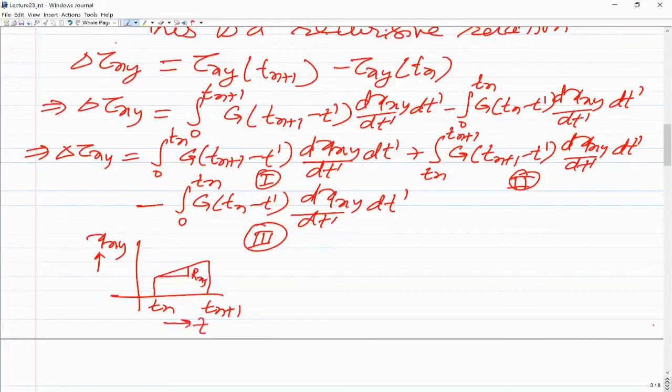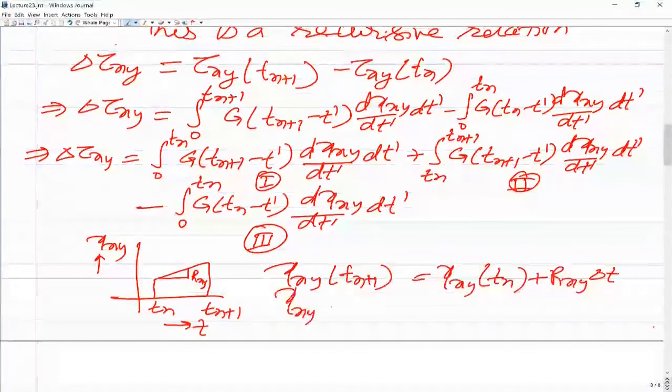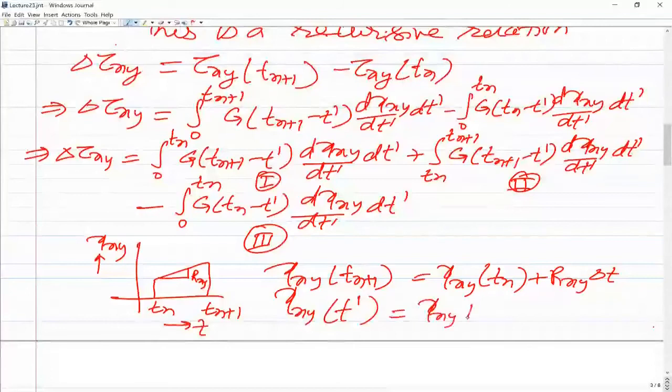So based on this, gamma xy at Tn plus 1 is going to be gamma xy at Tn plus rxy into delta t, and gamma xy at any time t dash will be gamma xy at Tn plus rxy into t dash minus Tn. You can write it like this.